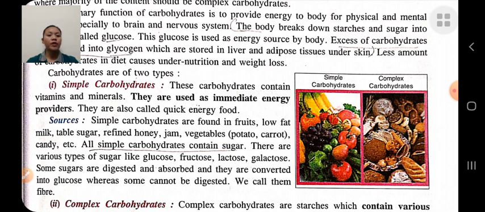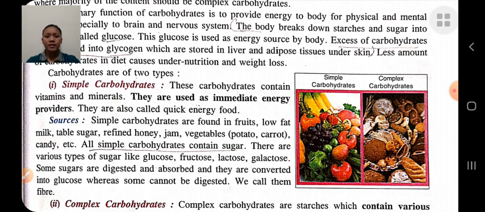Sources of simple carbohydrate are found in fruits, low fat milk, table sugar, refined honey, jam, vegetables, etc. All simple carbohydrates contain sugars like glucose, fructose, lactose, etc.